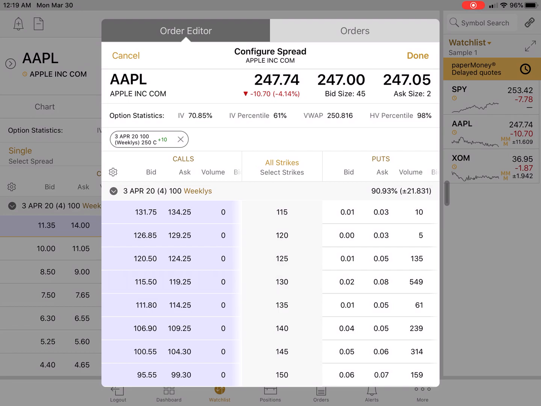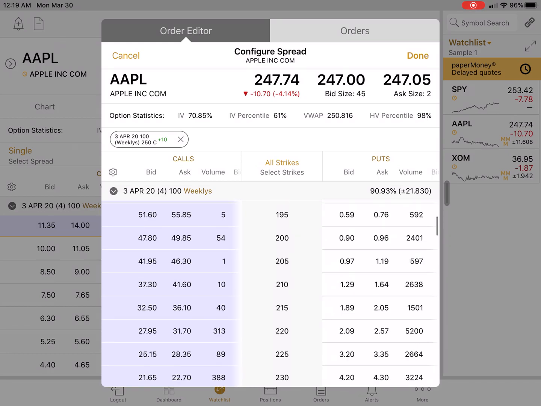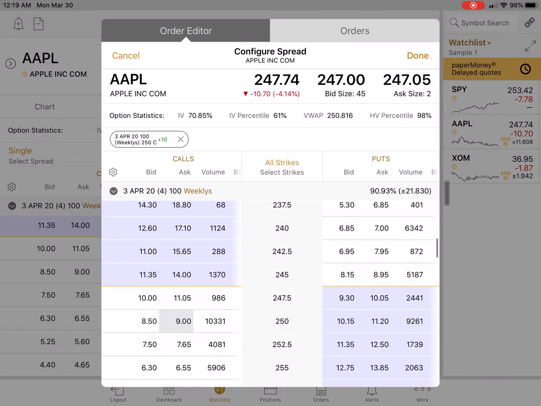And if you look a little bit lower, right underneath option statistics, there's April the 3rd, 2020, 100 shares, weeklies, 250, call, 10 contracts. Now, this is the naked call that we'll be buying at 250.